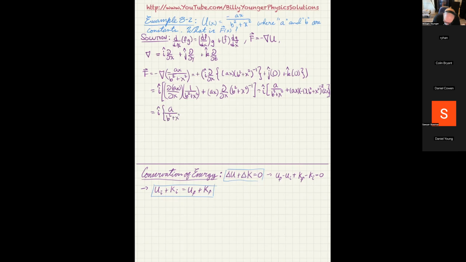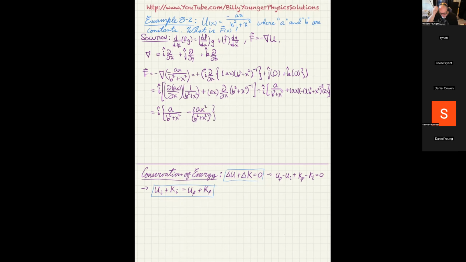And I'm going to get an ax on top. And then I'm going to get a b squared plus x squared to the negative 2 power. So I'll just put that there. And now I've also got to multiply by 2x. So I'm going to write this as 2ax squared.